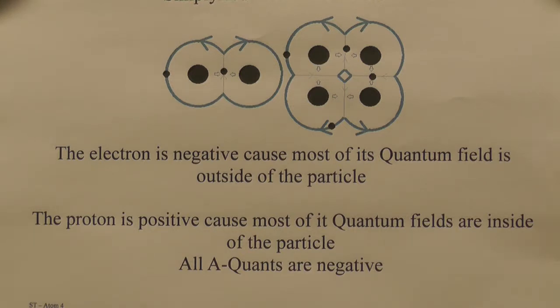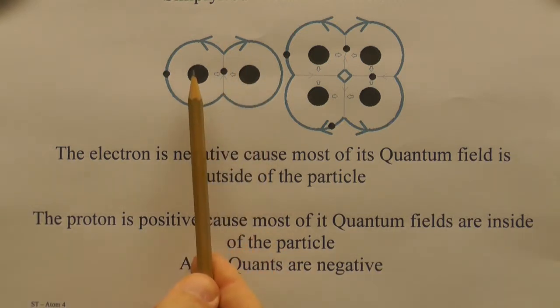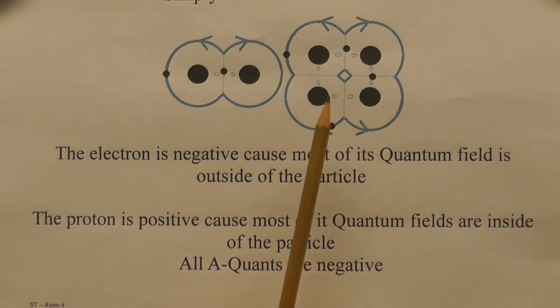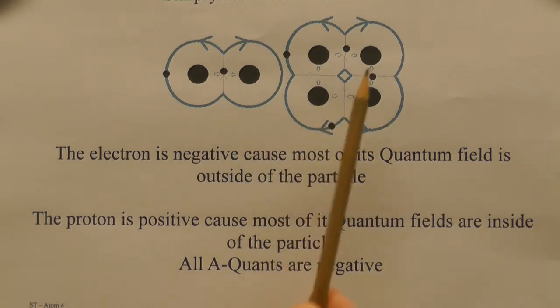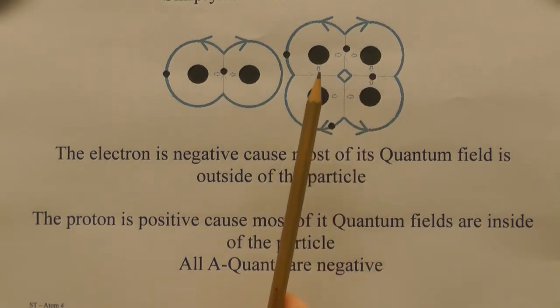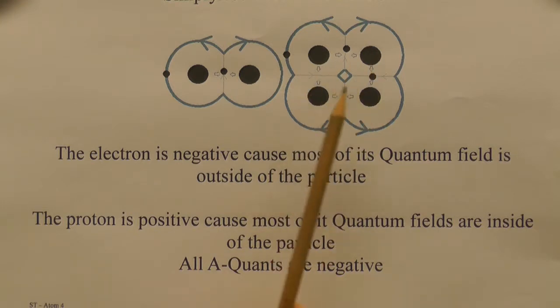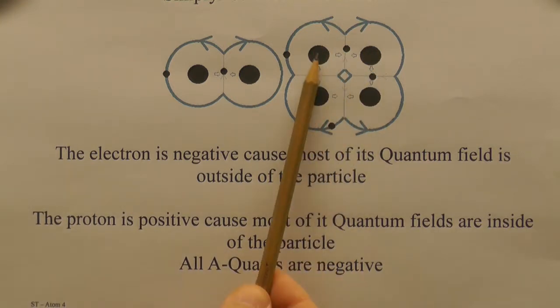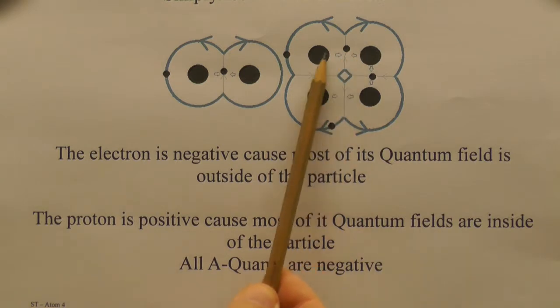This is a simplified picture of an atom. This is the electron made of 2 anchor quants, and the proton is made of more than 4, but this is simplified.